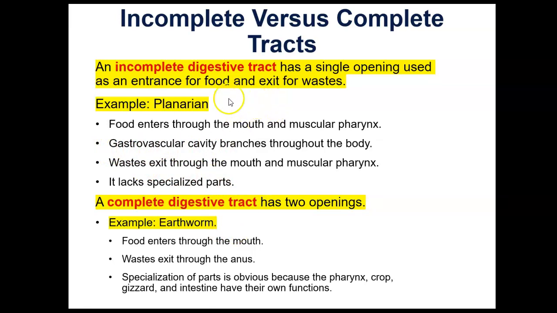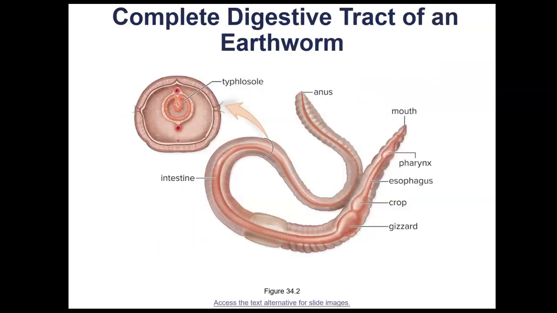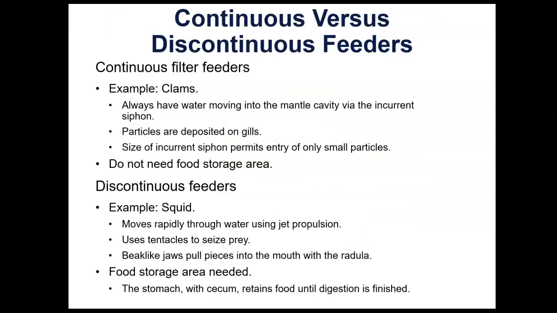We started out with the cnidarians, the jellyfish, and those animals had a gastrovascular cavity, even though they only had two tissue layers. The animals that have a complete digestive tract have two openings, a mouth and an anus, and that would include humans. It would also include earthworms.